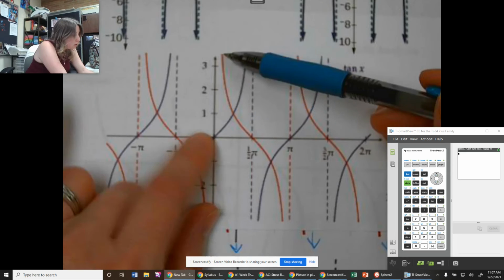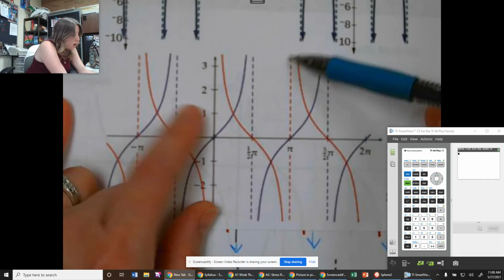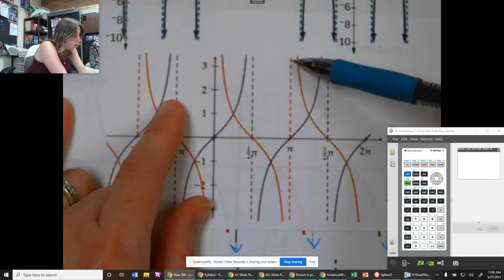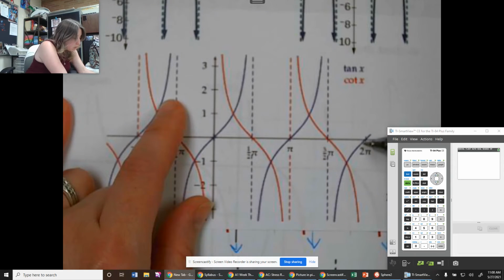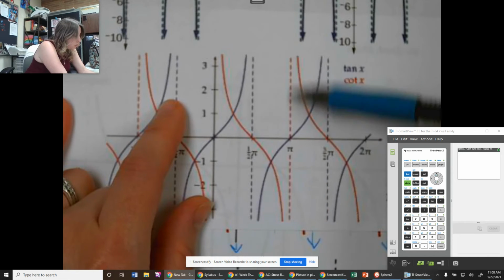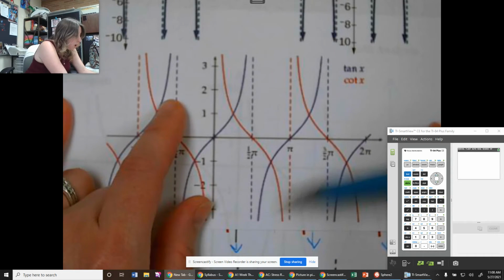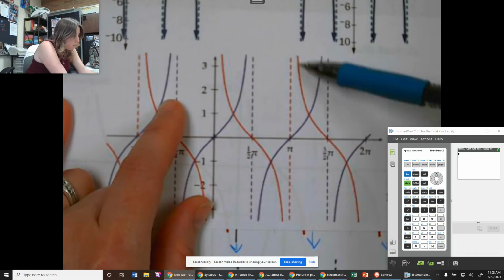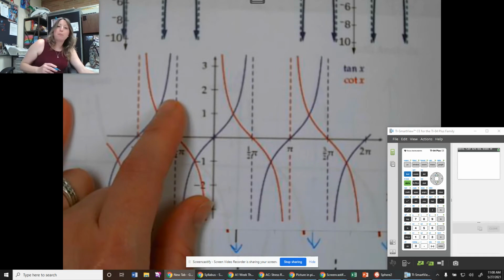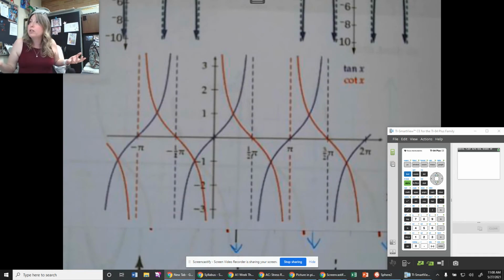But the red is the cotangent, and look at that difference. You've got asymptotes at 0, 180, and then there should be one right here at 360, but it's obviously not written in. So the asymptotes for the cotangent are in the red, and you can see that our function actually comes the opposite direction. And again, it all makes sense because these are reciprocals.